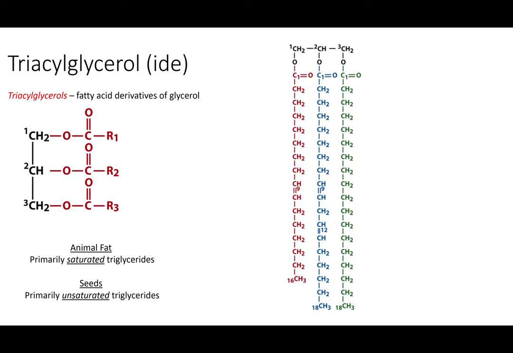So in this case, on carbon 3, we have an 18 carbon saturated fatty acid. On carbon 2, we have an 18 carbon unsaturated, so 1, 2, 3, 4, 5, 6. So this would be an 18 carbon omega 6 fatty acid. And this is a 16 carbon omega 7 fatty acid, 1, 2, 3, 4, 5, 6, 7. Questions so far?